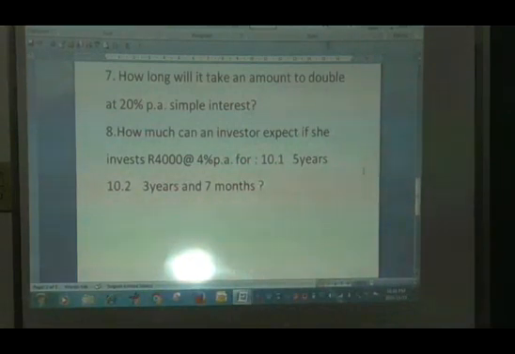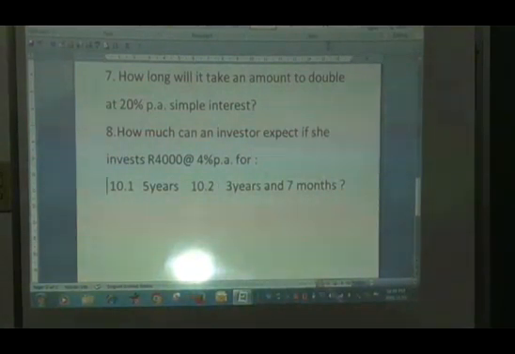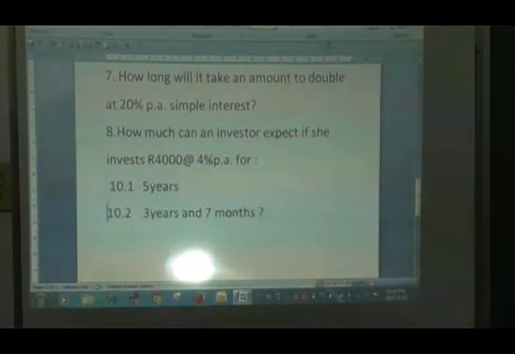Number 8, how much can an investor expect if she invests 4,000 Rand at 4% per annum for 10.1, 5 years, and 10.2, 3 years and 7 months?